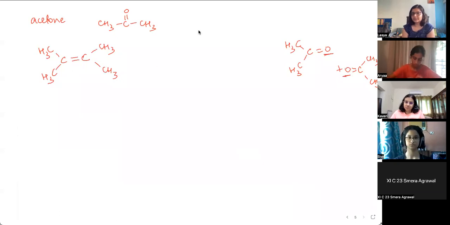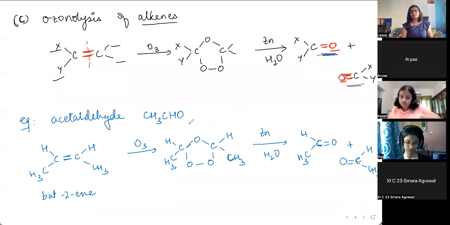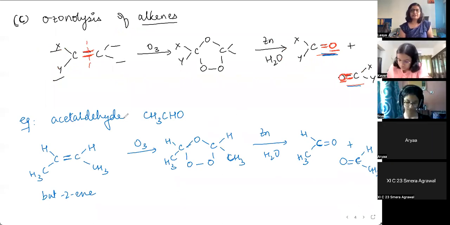Cool. Complete this reaction, guys. Like example 2, let's say, preparation of acetone. Note down the reactions. So we have one example, acetaldehyde.